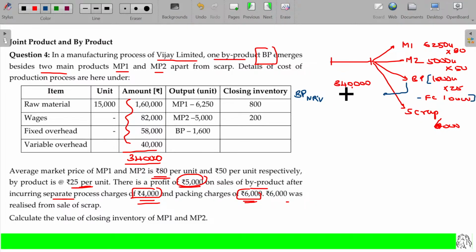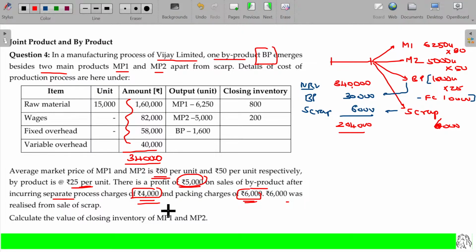Hope you'll be getting 30,000 rupees NRV. From the scrap NRV, we get 6,000. NRV from byproduct, NRV from scrap 6,000. What is the ultimate value? The ultimate cost after this being 2 lakhs 4,000.